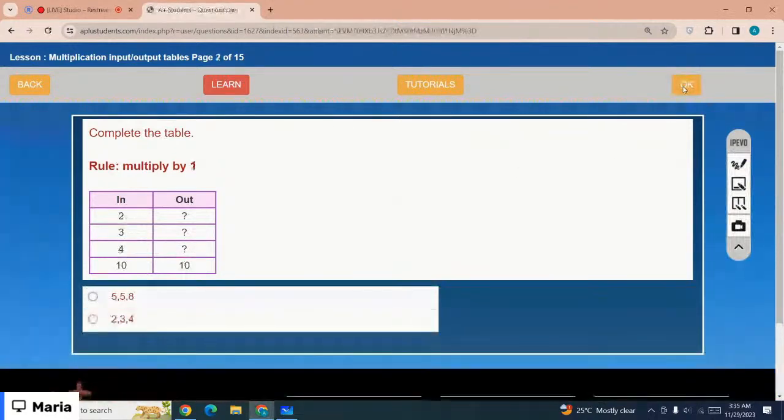Complete the table. Which is the correct option?